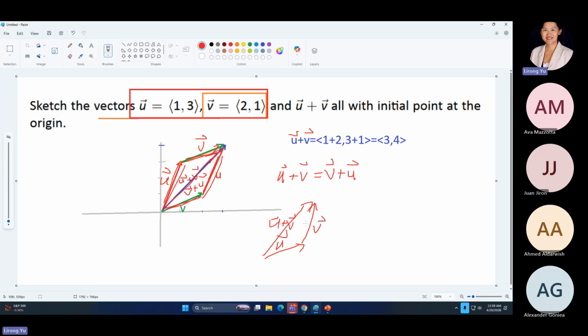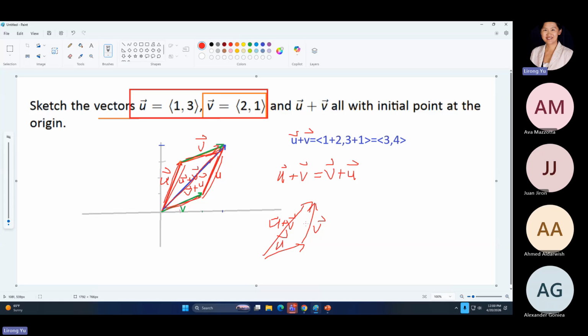When you're adding two vectors head to toe, the ending of u becomes the beginning of v, and the total from the beginning to the ending is u plus v. So this is another way of looking at u plus v using the triangular method. You can do the triangular method or the parallelogram method to understand the visualization of u plus v.